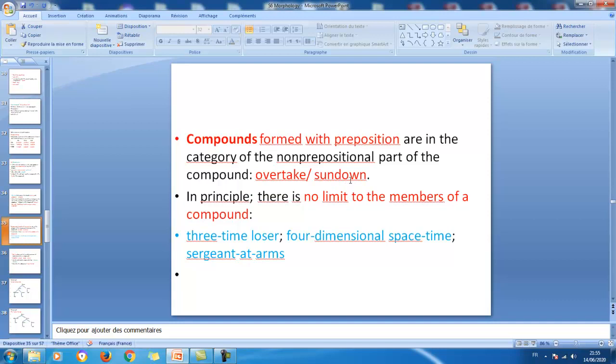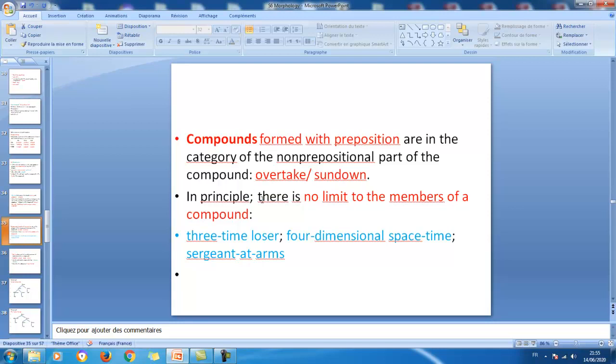Sundown: look, down is the rightmost, but it's not the head, because the compound cannot be considered a preposition. It takes the category of the first item, which is the noun, sun. So the preposition is not taken into account. It cannot affect the grammatical class of the compound as a whole.